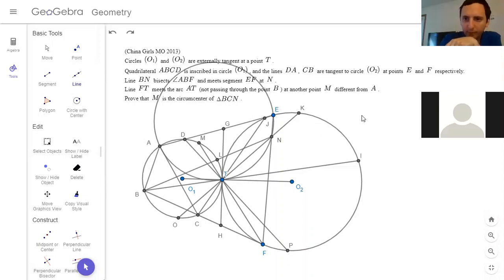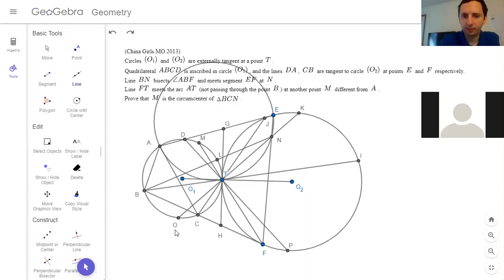So let me see. Angle ATN is ATG plus GTK, which is arc AT plus TFK, which is arc AT plus TFK is TMO. And angle TMO is just arc TO.